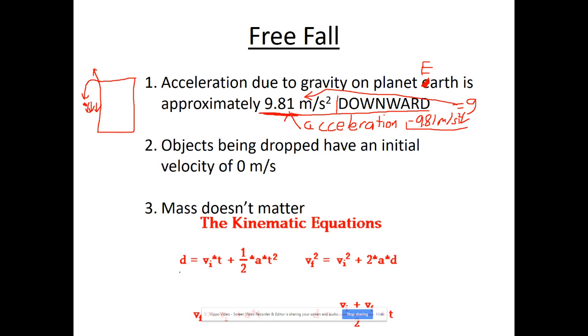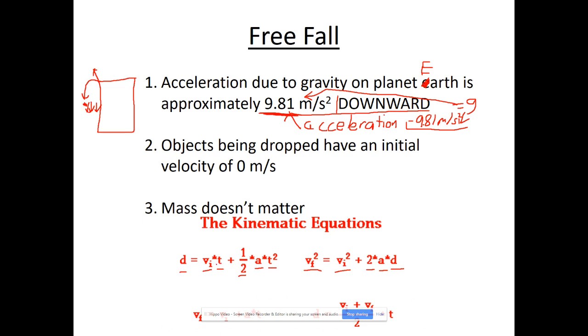So if we look at this one, you have displacement is equal to the initial velocity of an object times time plus 1/2 times the acceleration times time squared. You have this one, final velocity squared is equal to initial velocity squared plus 2 times the acceleration times displacement. Keep in mind, these are displacement, not distance, so they do care about direction. And then you've got these on the bottom. I won't go through them, it's all the same variables.